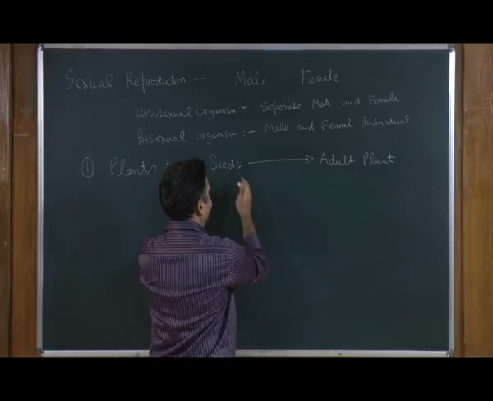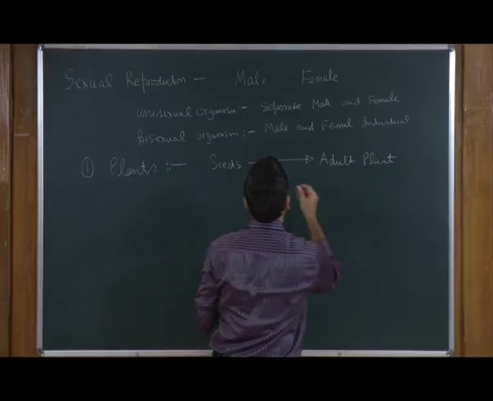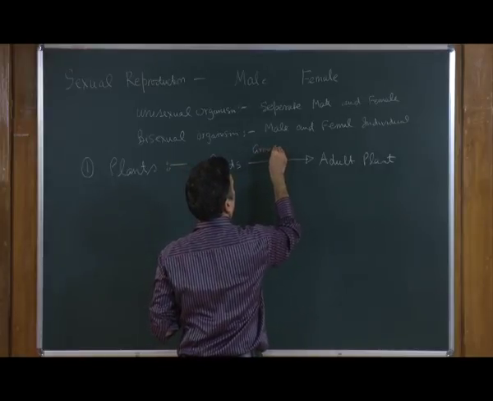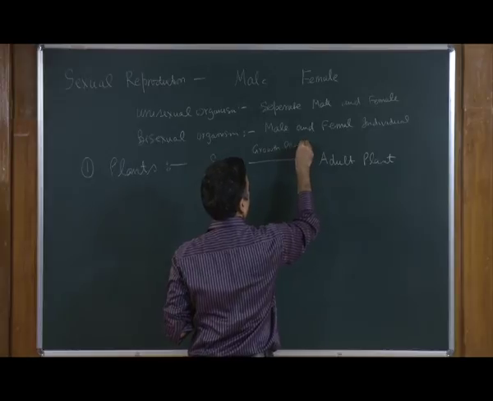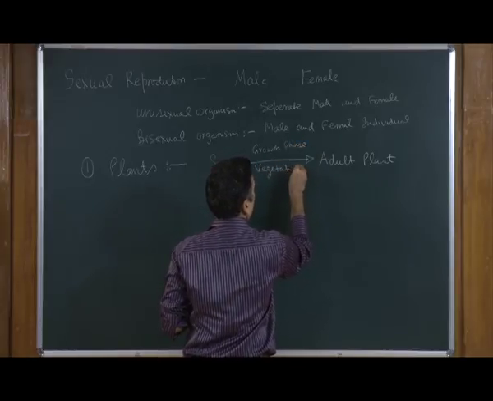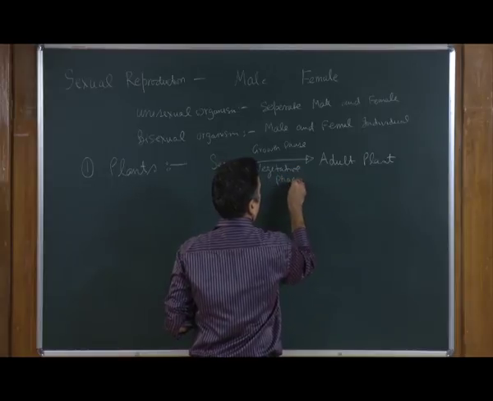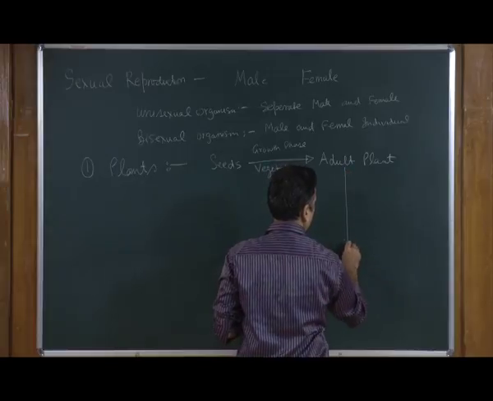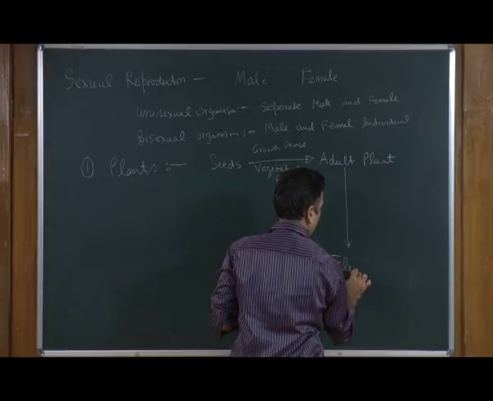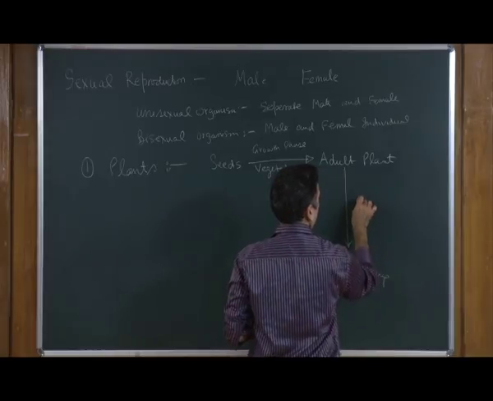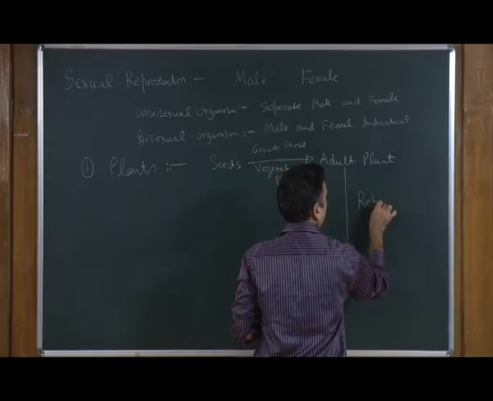This phase from seed to adult plant is known as the growth phase or the vegetative phase. Once the adult is formed, it starts flowering, and this is called the reproductive phase.